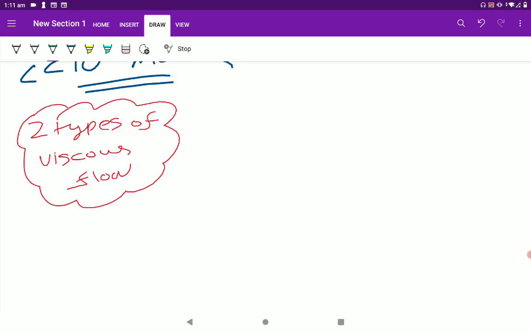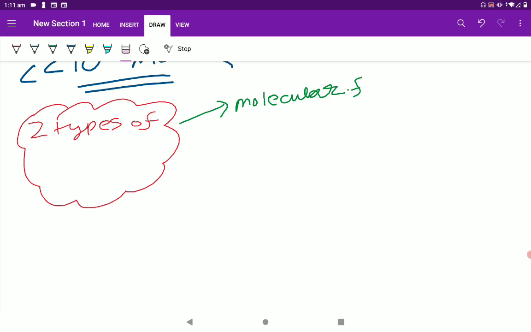We have two types of flow regimes. So first one is molecular flow, and second one is viscous flow.